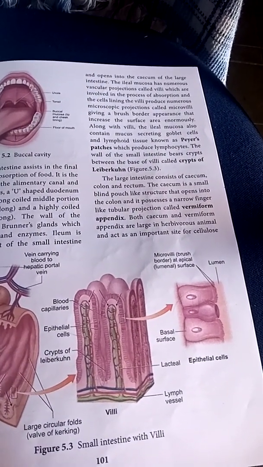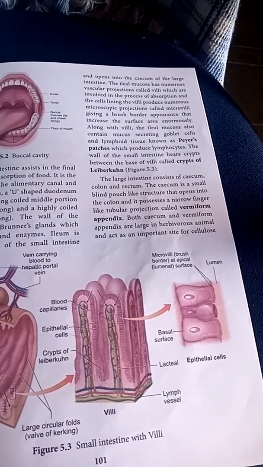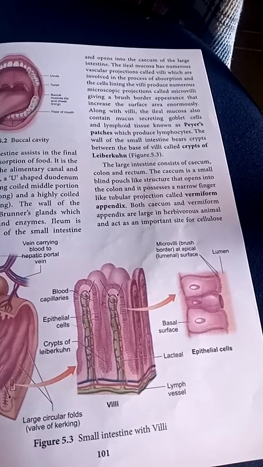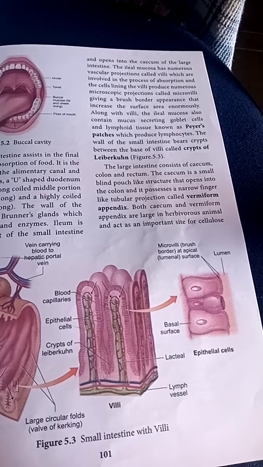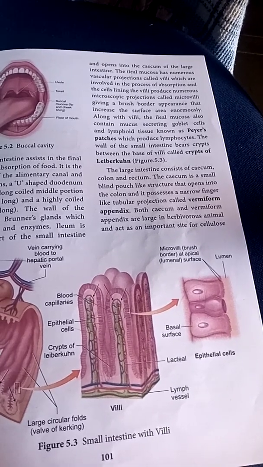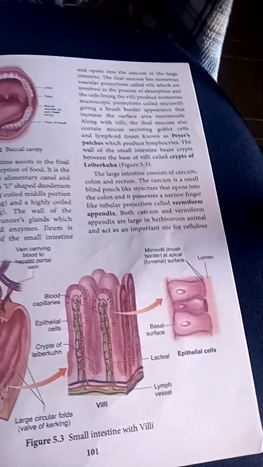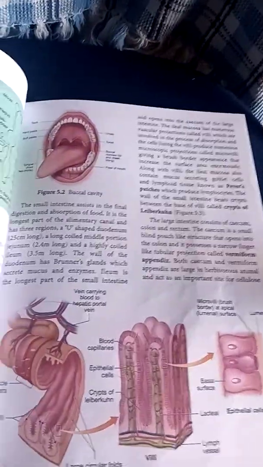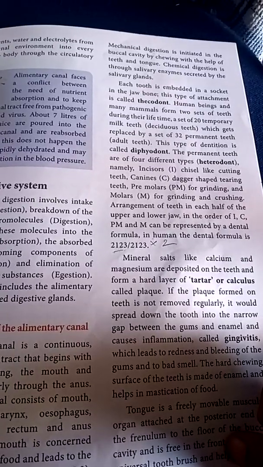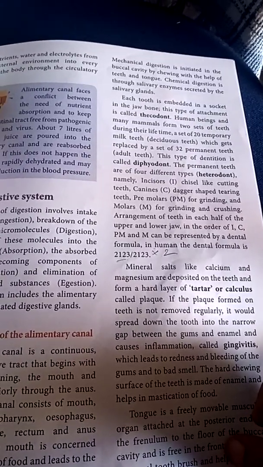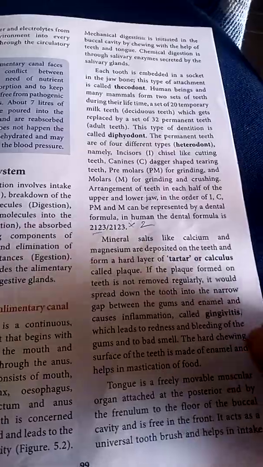A human being has two types of teeth, milk teeth and permanent teeth. The dental formula we have seen is 2 1 2 3 divided by 2 1 2 3, into 2. That is the dental formula that we have discussed.